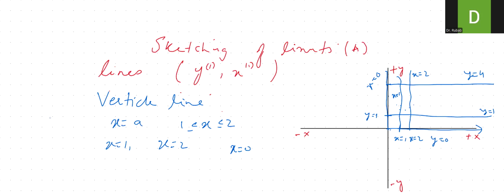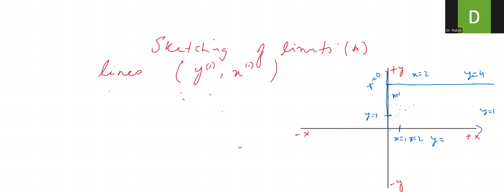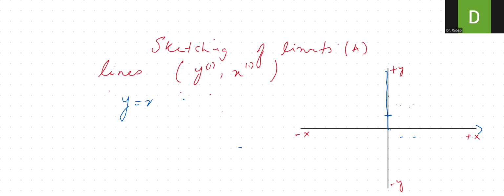Now there are other lines, the inclined lines. The inclined line is y = x. It is at 90 degrees.